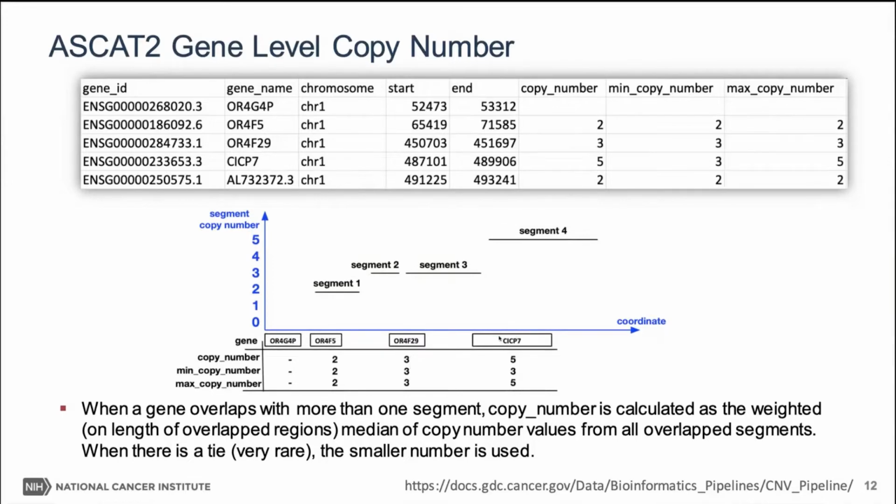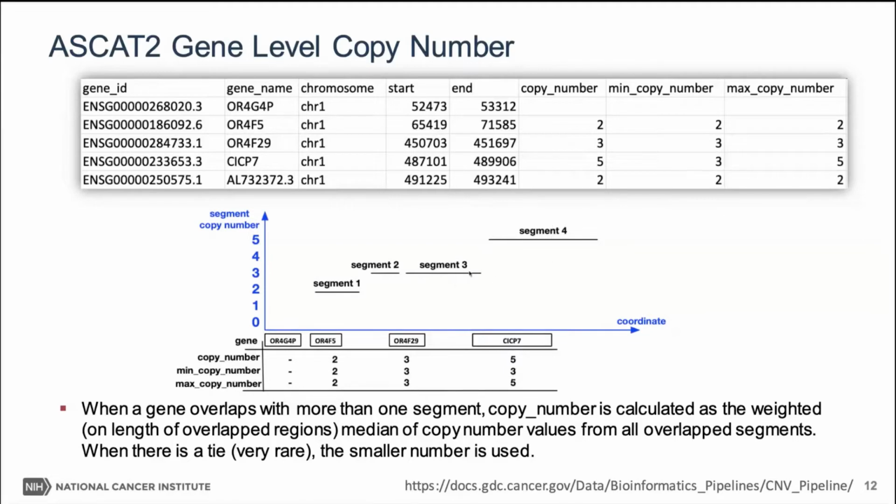The fourth gene is the most complicated one. It overlaps with 2 segments, and these 2 segments have different copy numbers. So what we do is we record the minimum copy number as 3 and the maximum copy number as 5. So how do we get the copy number? It is a weighted median, not the mean, of the overlapped region.